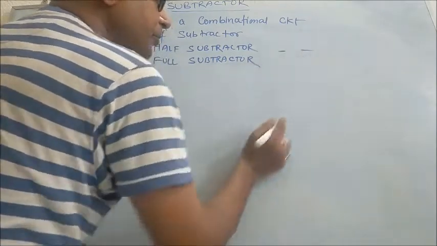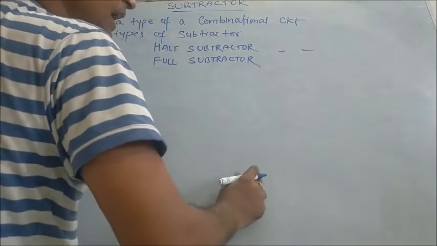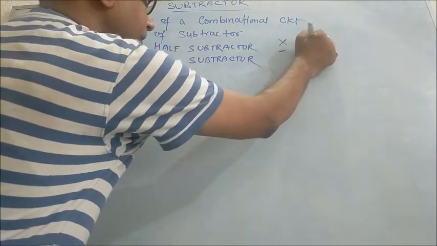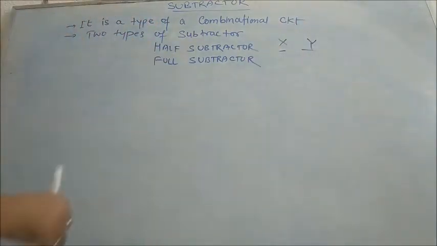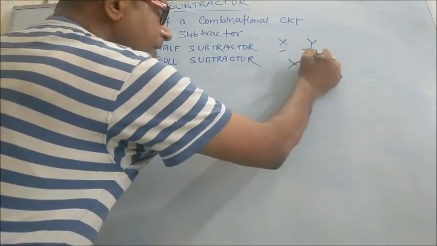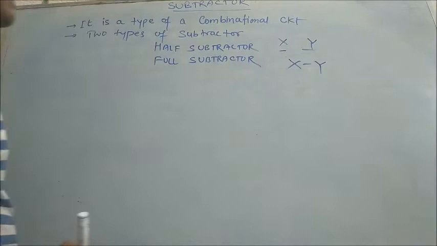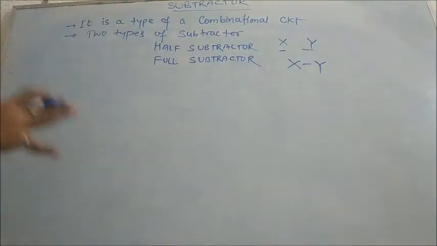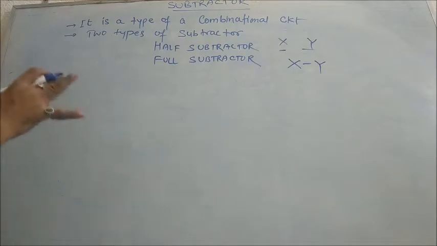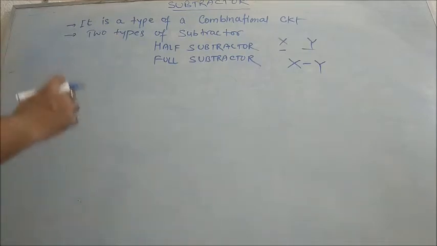Suppose the first bit is x and the second bit is y. So half subtractor basically does x minus y. In half subtractor, we have only 2 bits to take the difference between x and y.